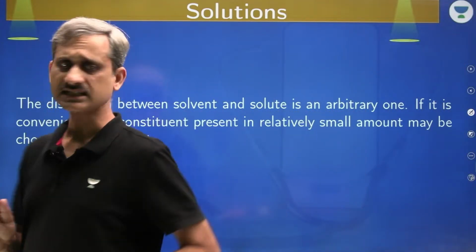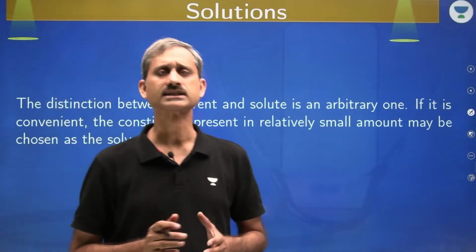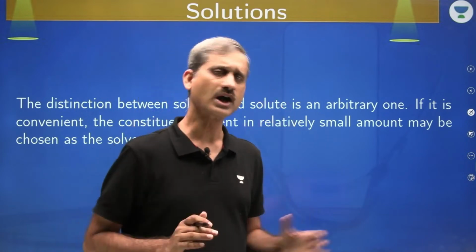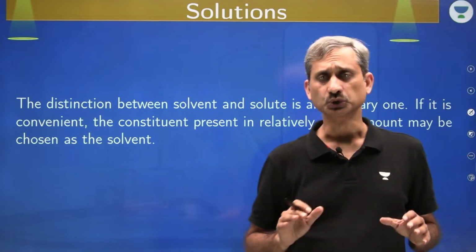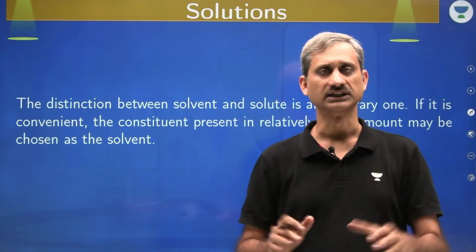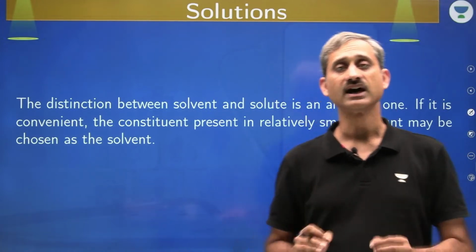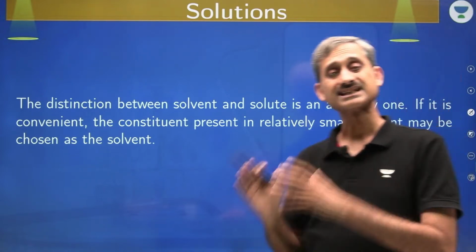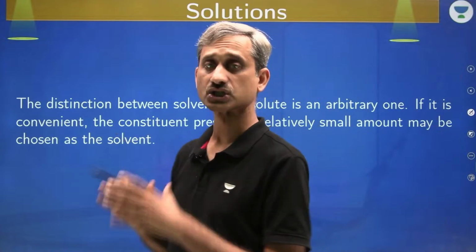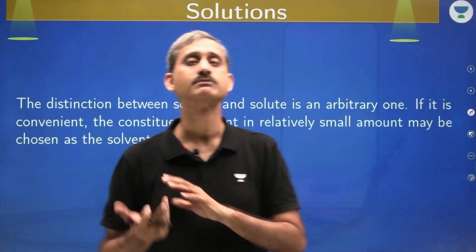Now, as far as the solute and solvent words are concerned, you need to understand that solute and solvent do not at all differ from each other as far as chemical composition is concerned. The classification of the solute and solvent is perfectly arbitrary.